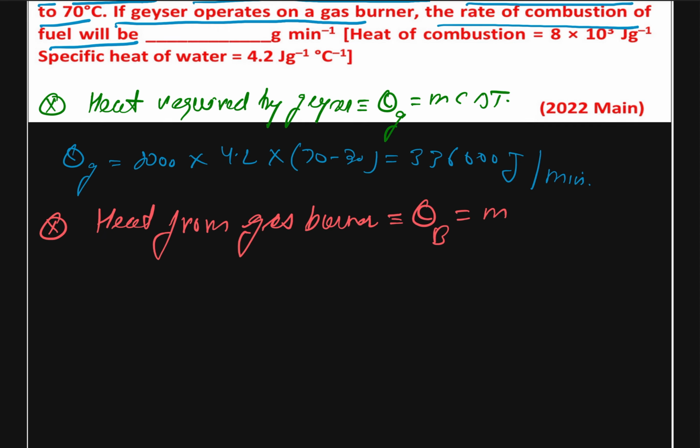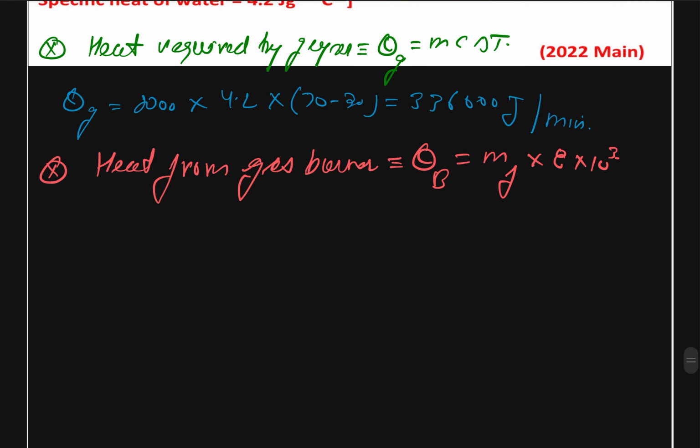We cannot keep this as M, so let us call this as MF times the heat of combustion, that is 8 into 10 to the power 3. The heat required by the geyser should be equal to the heat supplied by the burner.